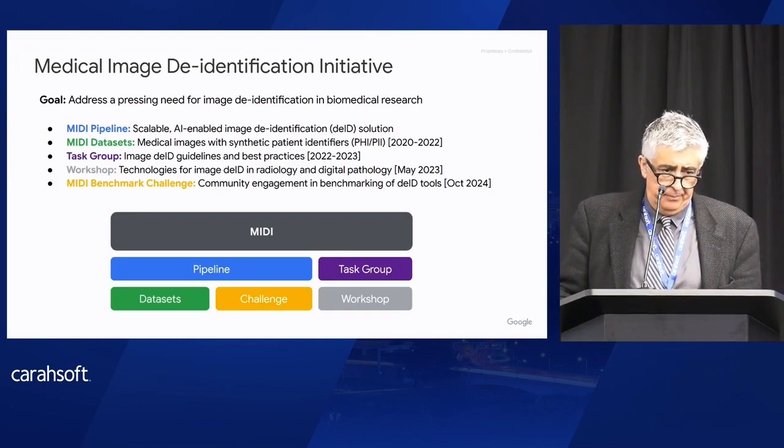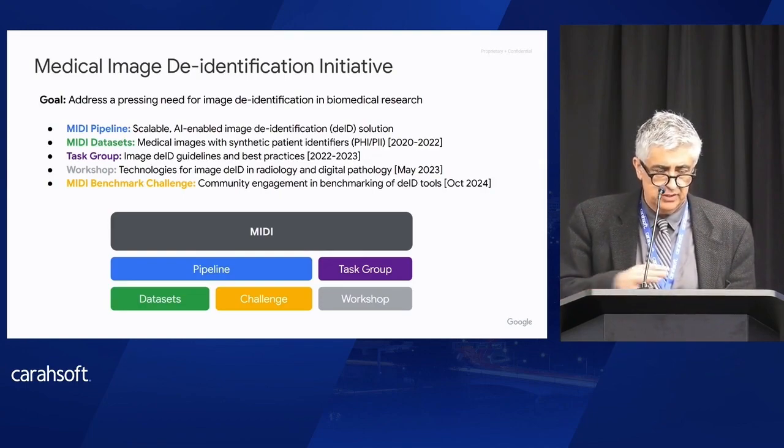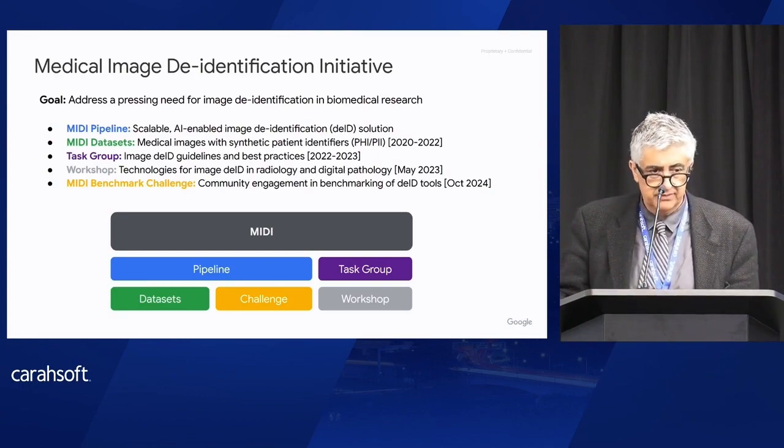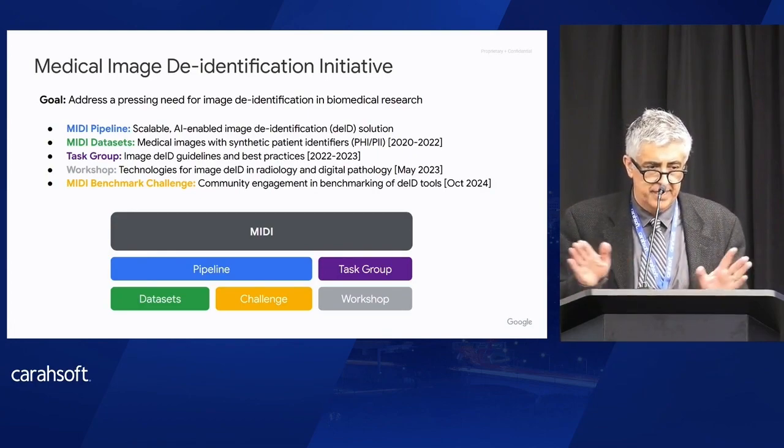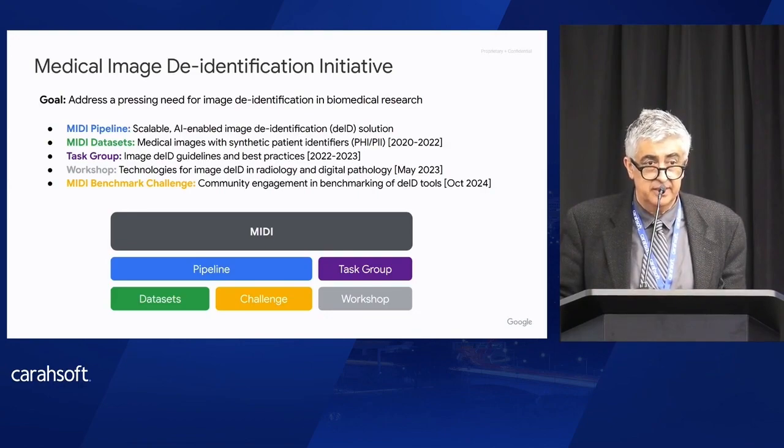So the core project is the MIDI pipeline, which is the core of this presentation today that you will hear from my colleagues from Deloitte. But in the course of that project, we've also had branches into creating data sets with synthetic PHI for testing, and a task group.